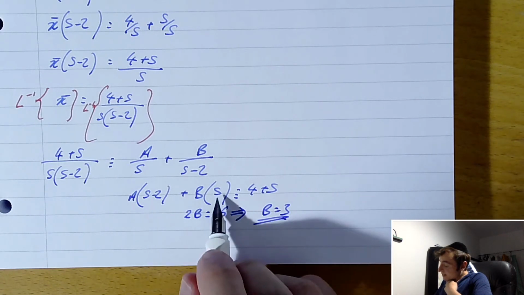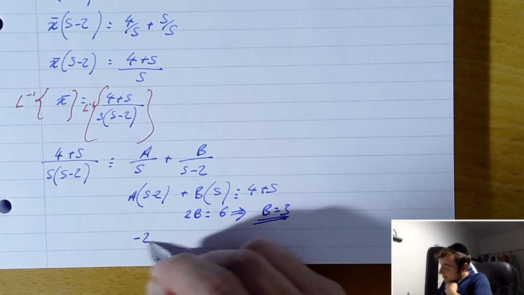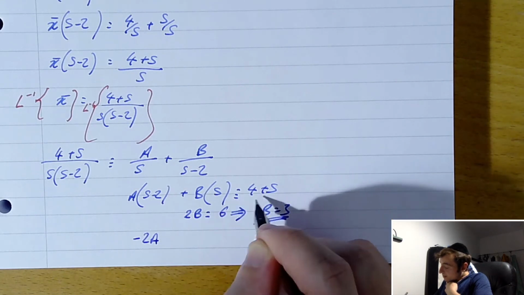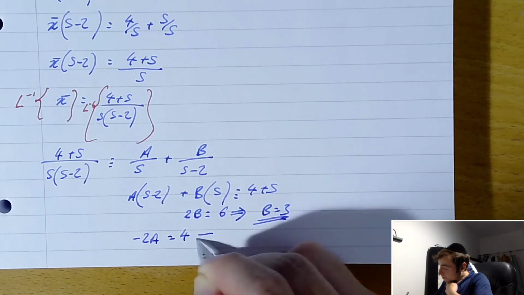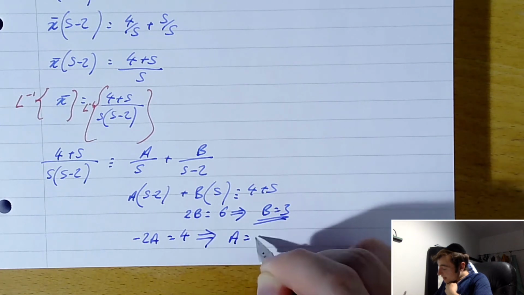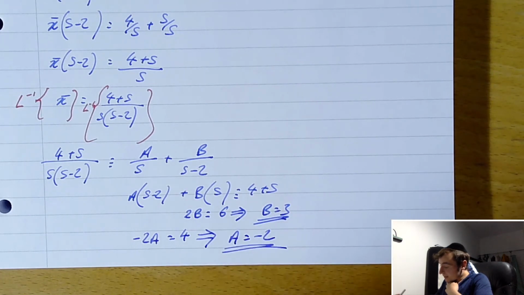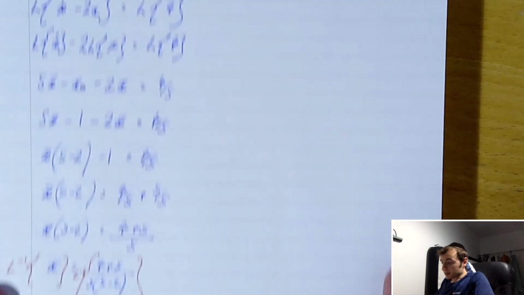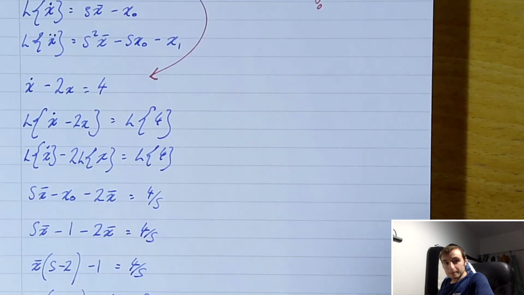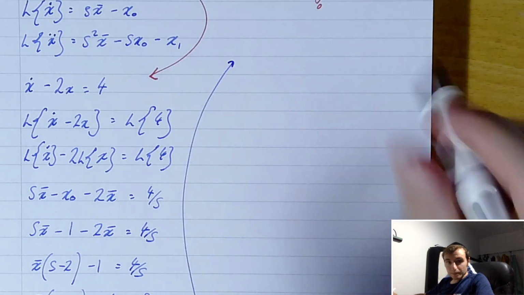Now let's find A. So let's set s to equal 0. That'll be minus 2A plus 0 equals 4, and that implies A equals minus 2. So let's go all the way back up to here.